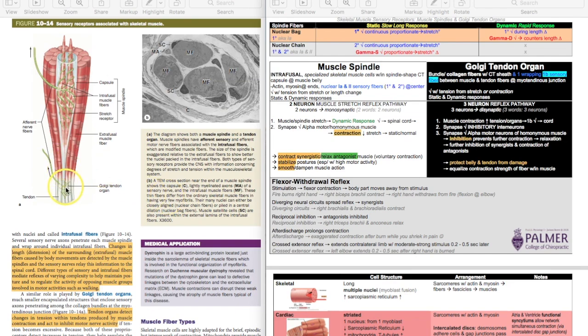Okay, so just imagine that this is a Golgi tendon organ, and this muscle is contracting super hard and strong, and it's about to rip. This Golgi tendon organ feels like it's about to rip this tendon open. So it's like, hey, you need to relax. So this thing fires off because there's too much tension. It fires off to the cord.